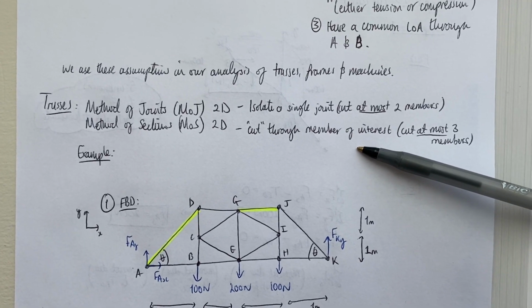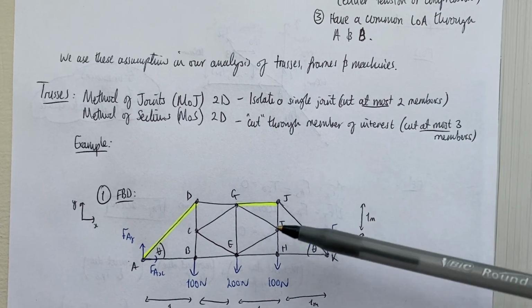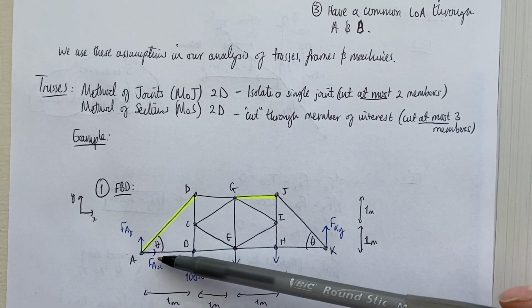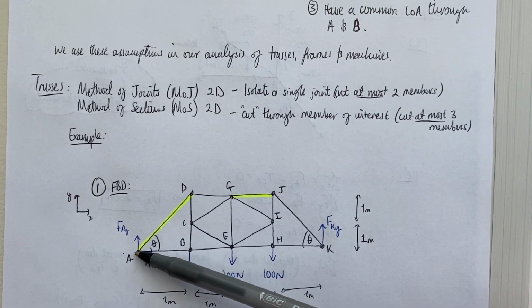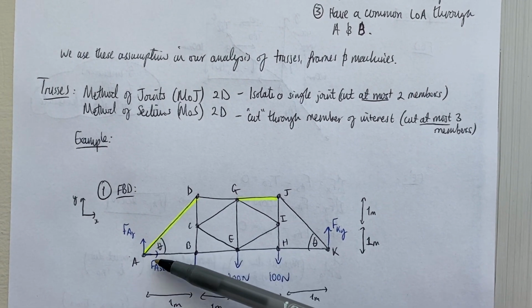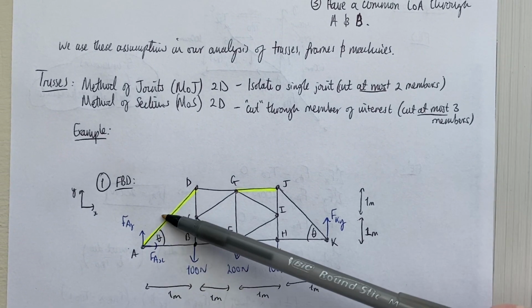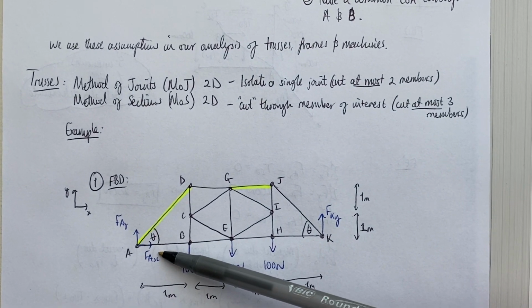Now, if we're using the method of joints, we can cut at most 2 members, right? So if we want to find the axial force in this member here, AD, we can isolate joint A and then only cut these 2 members, right?